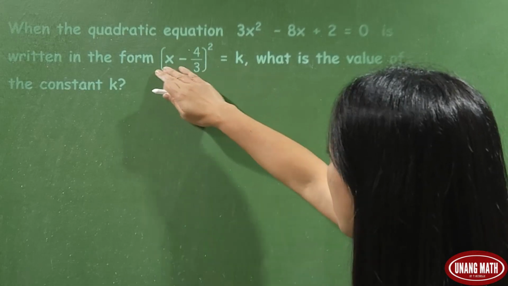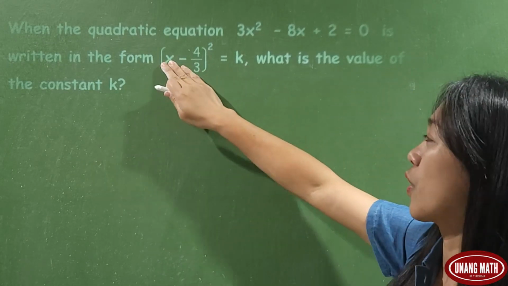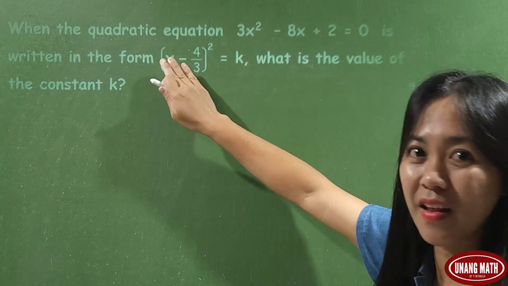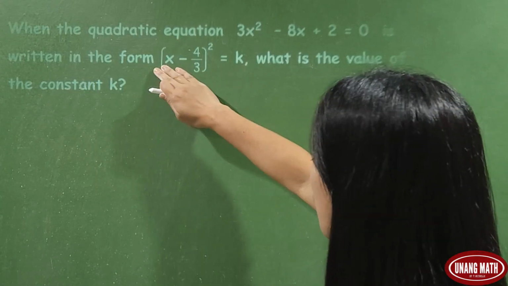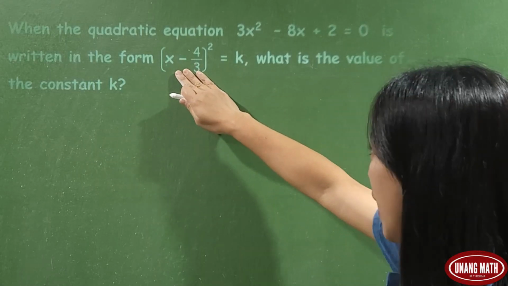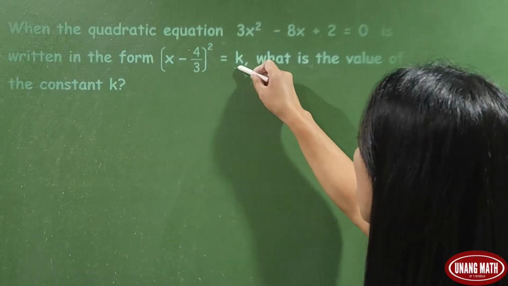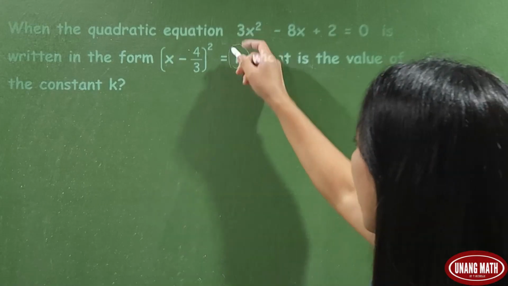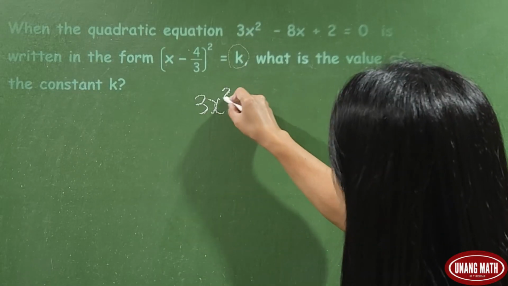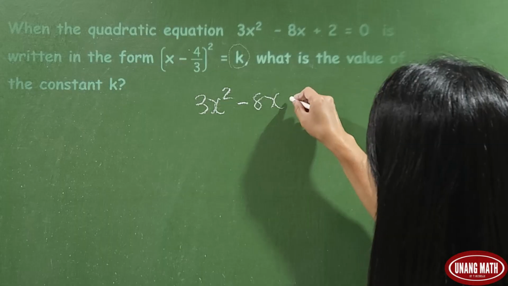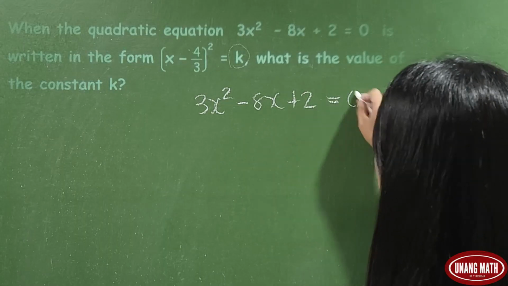Okay, it means they made use of completing the square, because this is in the form (x minus 4 over 3) squared is equal to k. So we're looking for this value of k. Okay, let's get this equation: 3x squared minus 8x plus 2 is equal to 0.